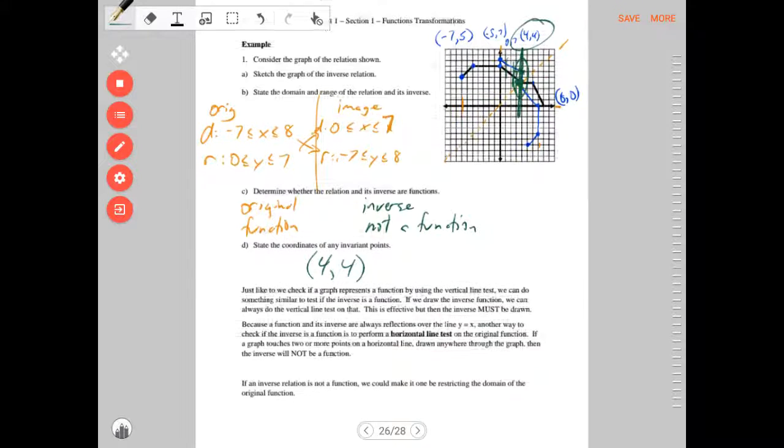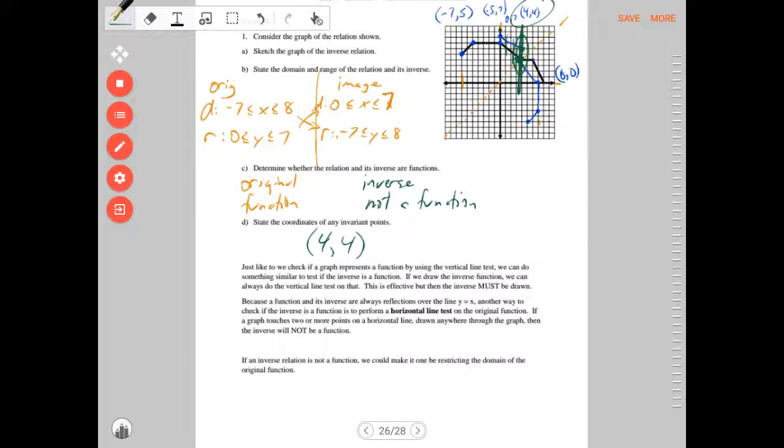Okay? All right. So just like we have to check if a graph represents a function by a vertical line test, we can do something similar to test if the inverse is a function. If we draw the inverse function, we can always do the vertical line test on that. Okay? That's an effective way of doing it, but you have to draw the inverse. Like we did in the example here. We drew the inverse, we found out it didn't pass the vertical line test, so it's not a function.